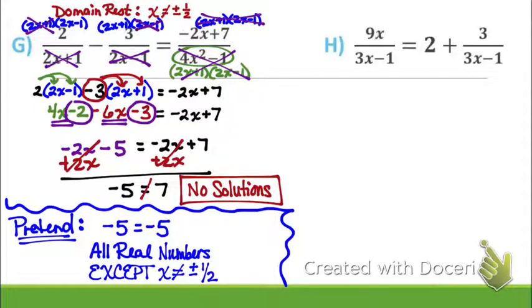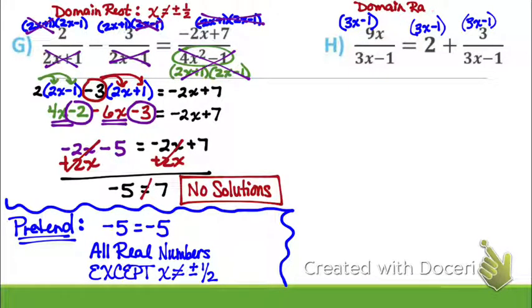I want to do h, and then we'll save a real short thing for the beginning of class tomorrow in 2.1. What do I want to multiply by? 3x minus 1. What are my domain restrictions here? 1/3.